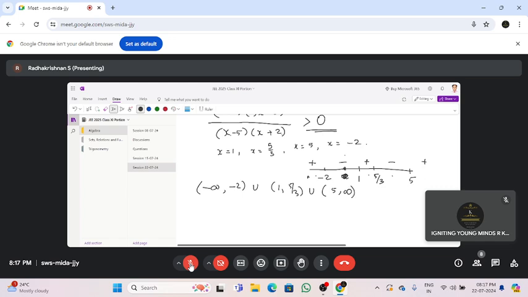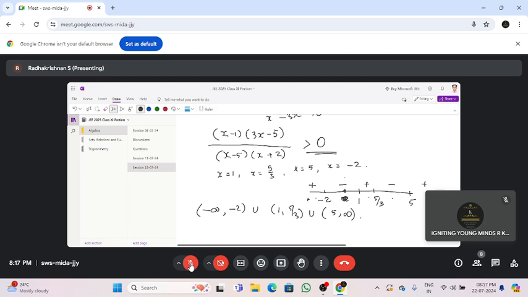I put open bracket for all. You agree? That is because the inequality itself is greater than 0, not greater than or equal to 0. So therefore, equal to 0 is not at all permitted. So none of those values are allowed, because log is not defined when any of them is 0.